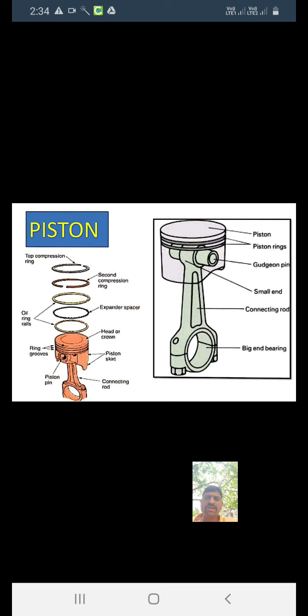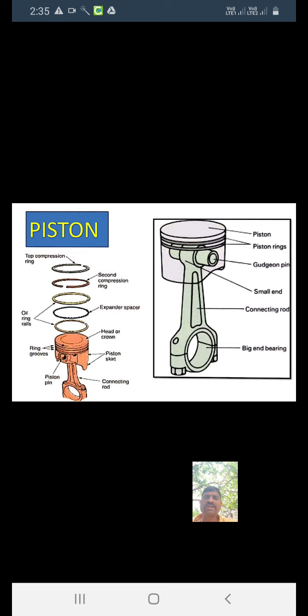Then the piston skirt is there. The piston skirt acts as a bearing for the connecting rod side thrust. Then the reinforcing rib.